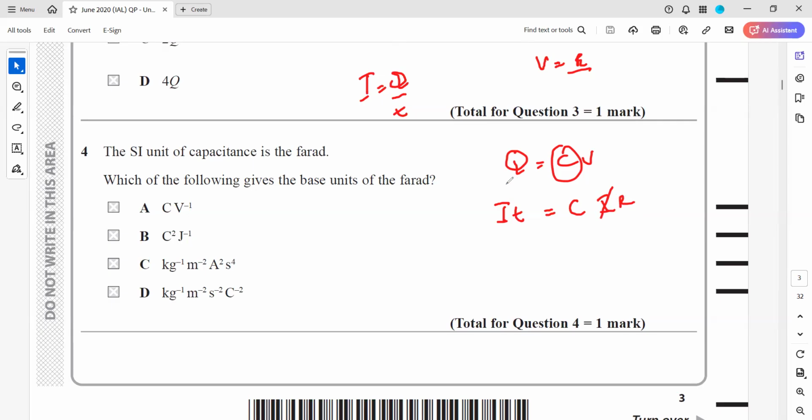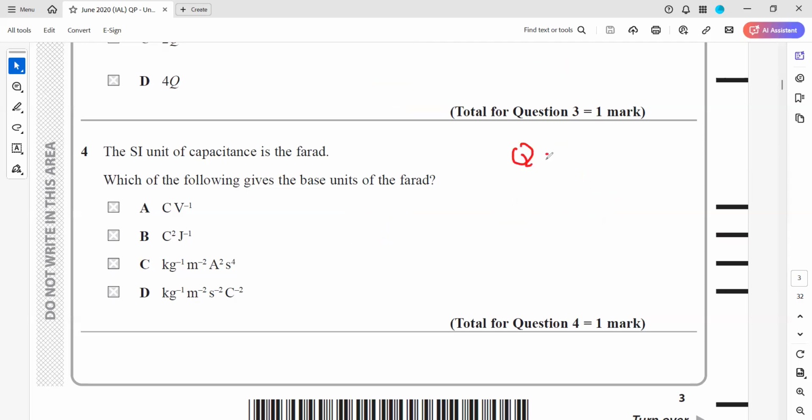This I will cancel with I. So it will be T over R is equal to C. What is R here? Instead of doing a lot of things, like Q is equal to CV, Q over V is equal to C.